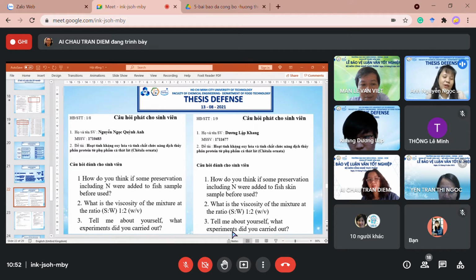But if they really do that, then it may affect the total crude protein when we do the test, and therefore it will affect the composition of the raw material.